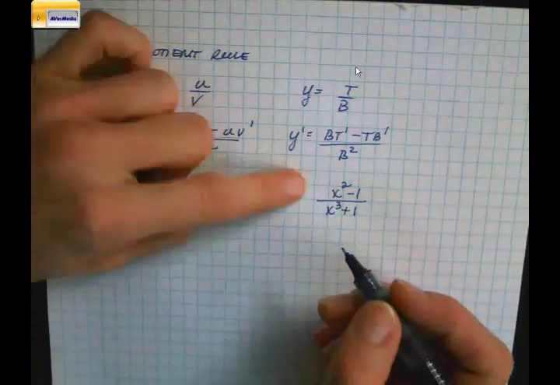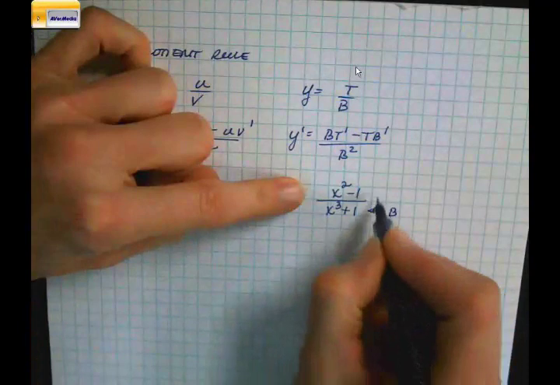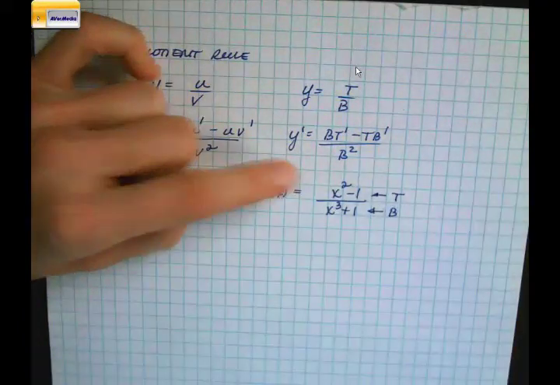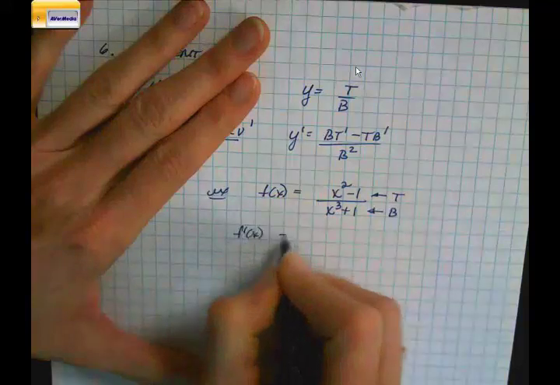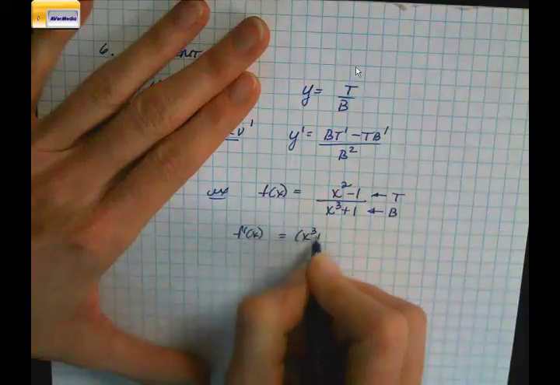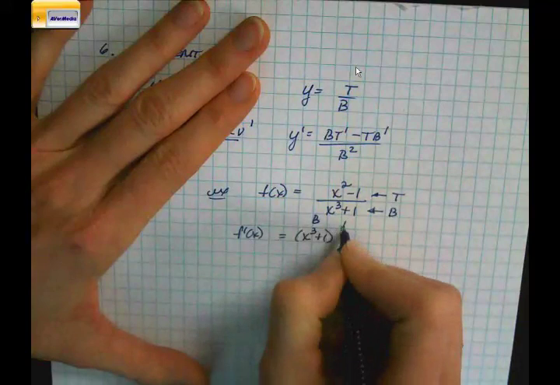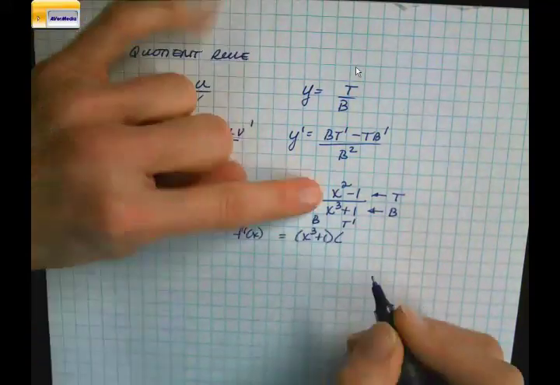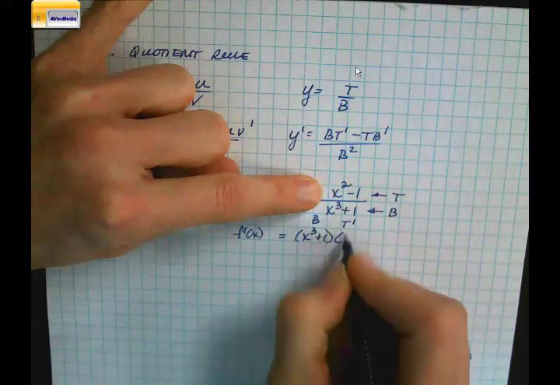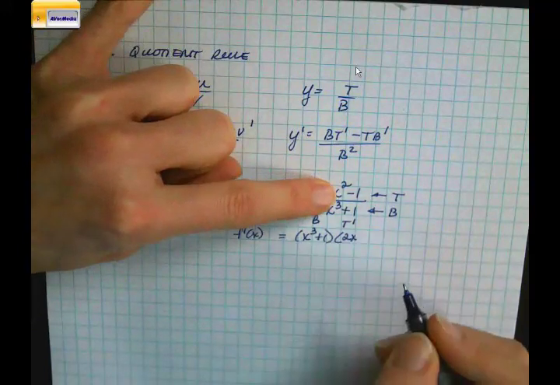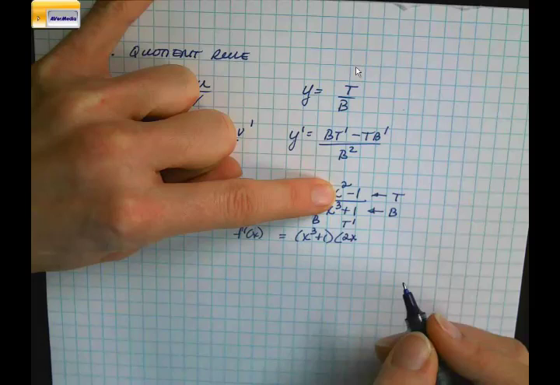All right. So here's the bottom, and here's the top, right? Okay, so here we go. The first derivative: the bottom, x cubed plus 1, times the derivative of the top. What is the derivative of x squared? 2x. What is the derivative of minus 1? 0.